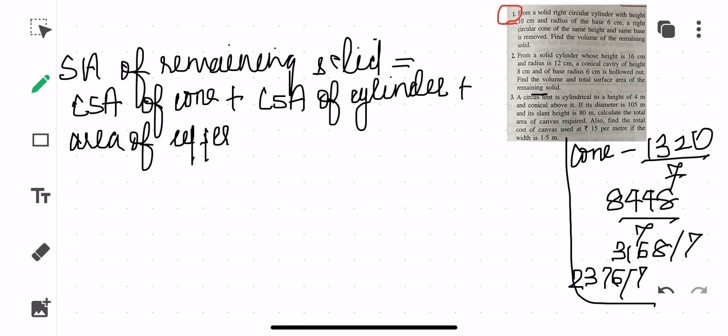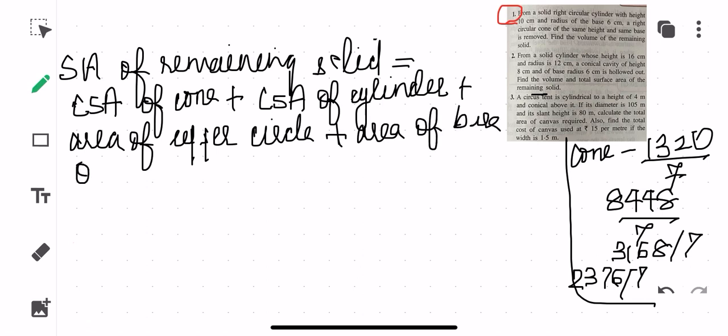So you can write upper circle plus area of base of cylinder. So these are the four things that we have found out already.